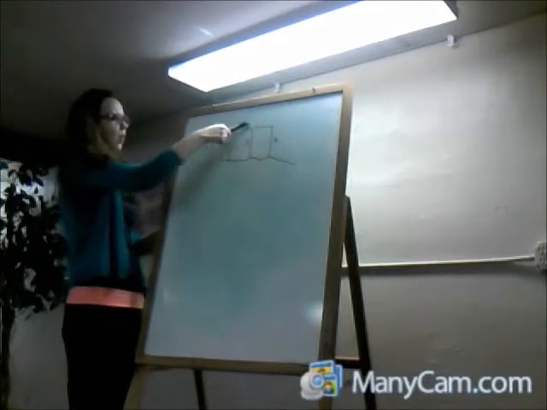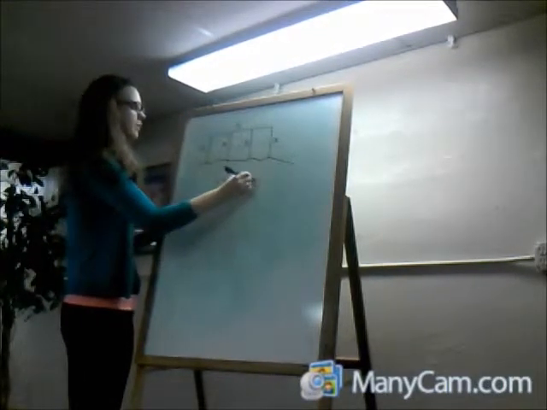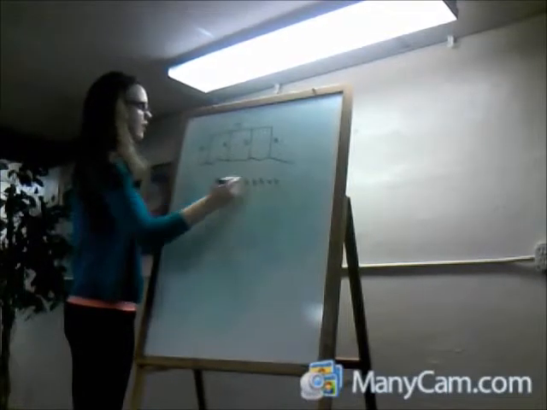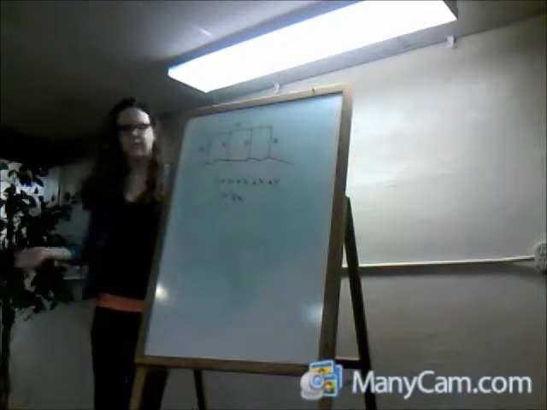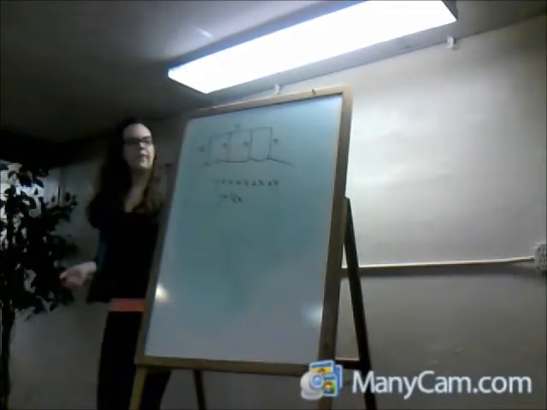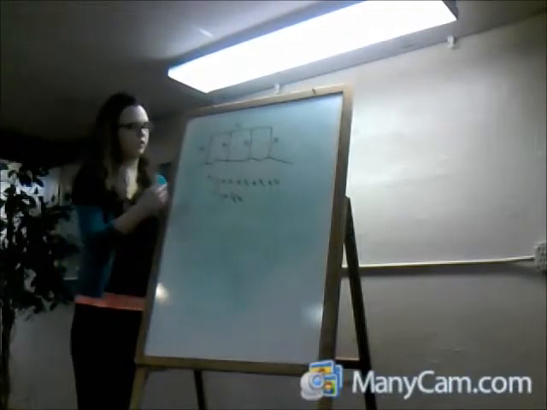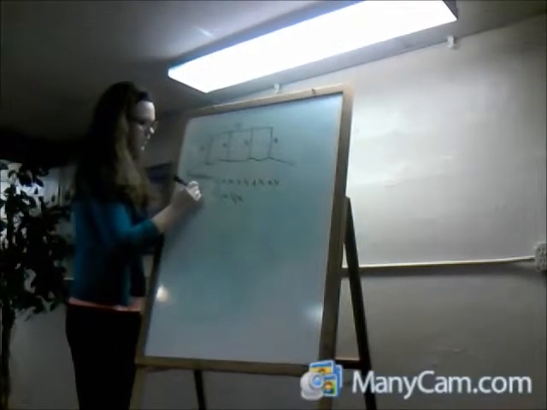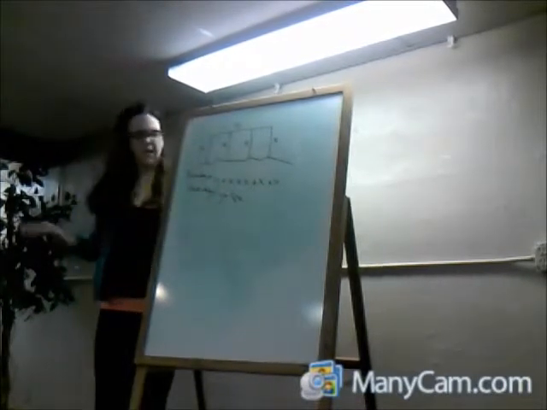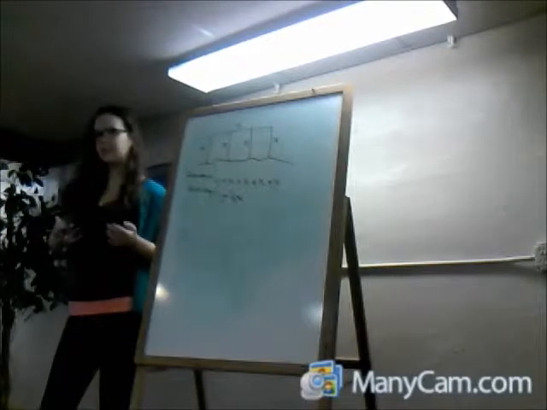So we can say Y plus X plus X plus X plus X, right? So Y plus 4X is how much fencing we need. Then, is there any other equation we can write for this?